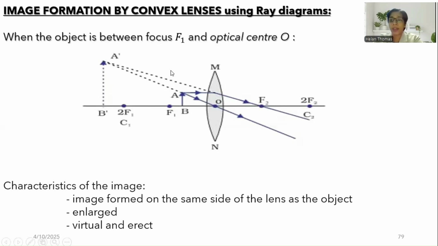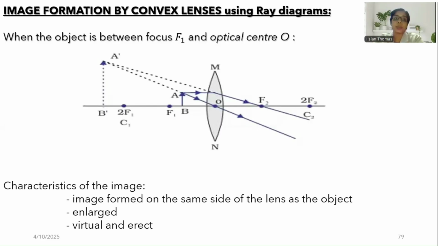So a convex lens will give you a virtual and erect image only when the object is placed in between the focus and the optic center. In all the other cases, you have five cases where the image formed is real and inverted, and it is always on the right hand side.